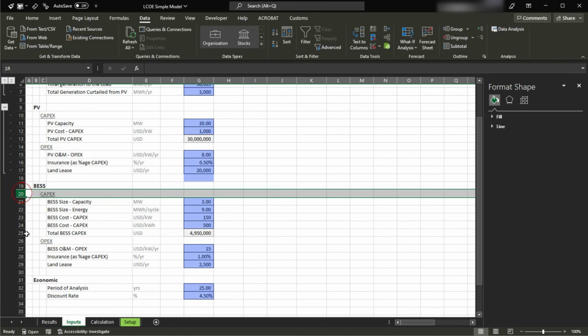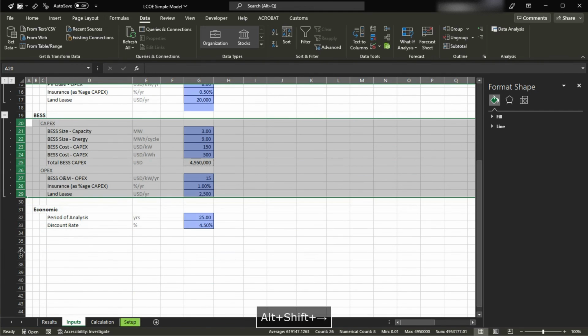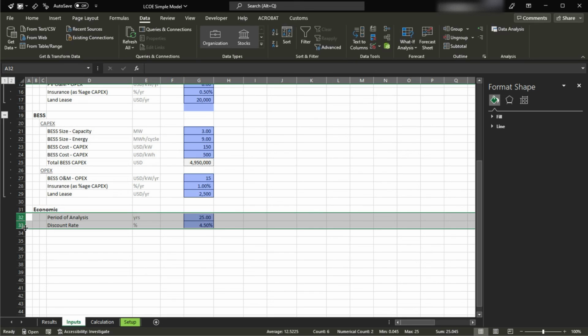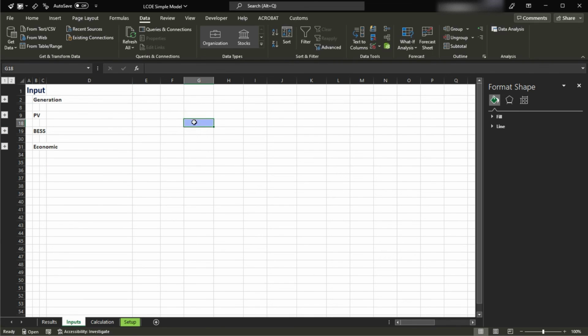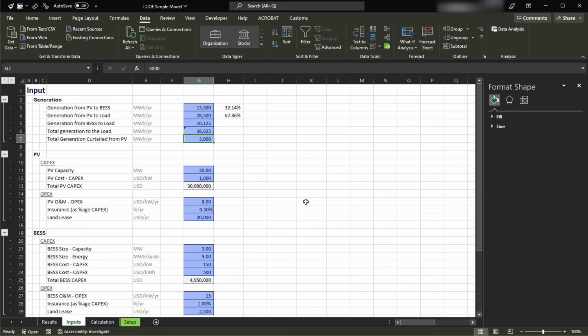Then we have this here, and we also do Alt Shift right here. So if we close, that's what we see here. Sometimes I like to fix this. Let me fix this. Okay, and that's basically it for this model.